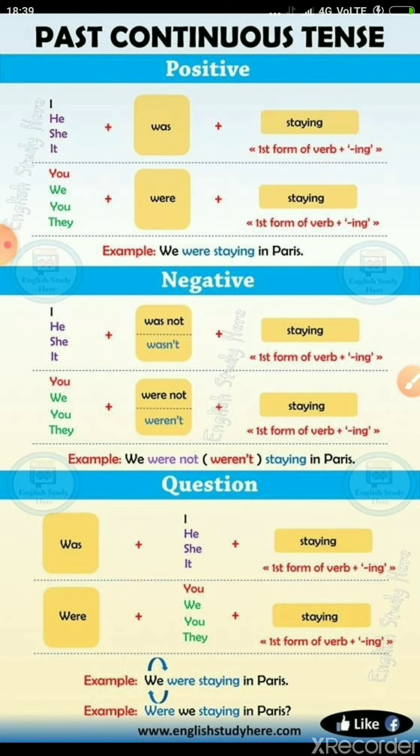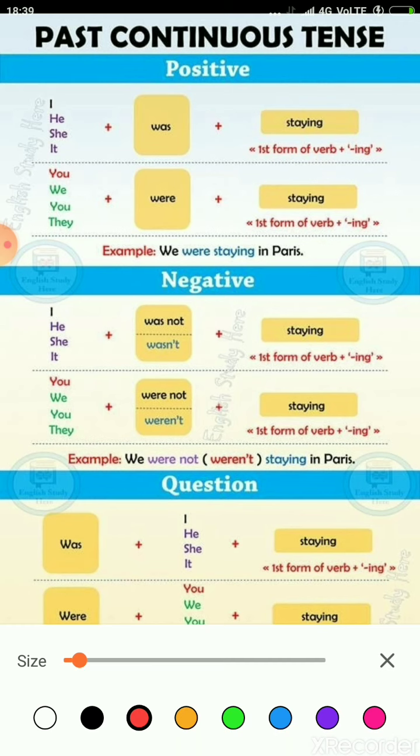Now you can see some examples. I, he, she, it will take "was". You, we, they, and any plural subject will take "were", not "where".